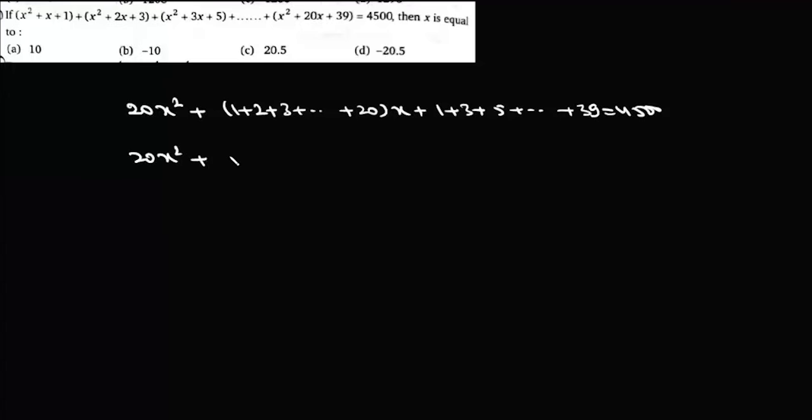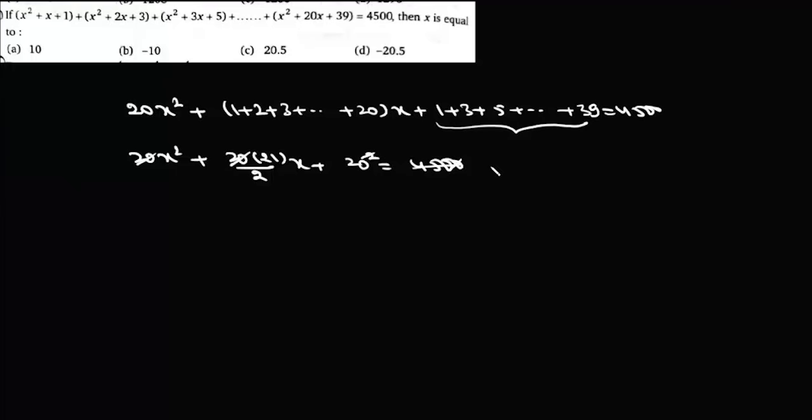Now this is n into n plus 1 by 2 times x, and this is the sum of first 20 odd natural numbers, and it is equal to n square. That will be equal to 20 square, and this is 4500.